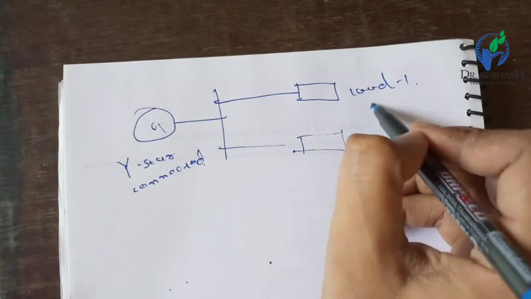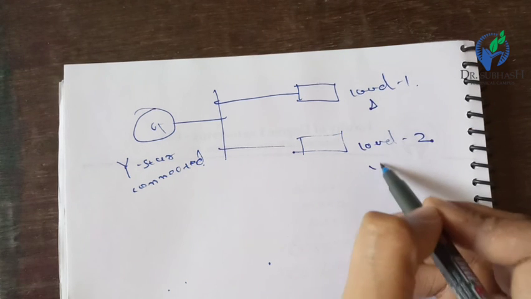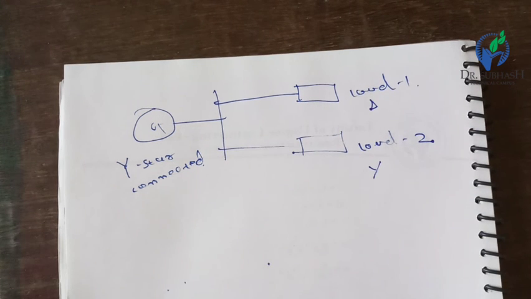And the load is connected in delta form, and also in star form. Such a diagram is used including all the major components of the power system: generator, transformer, transmission line, and load.